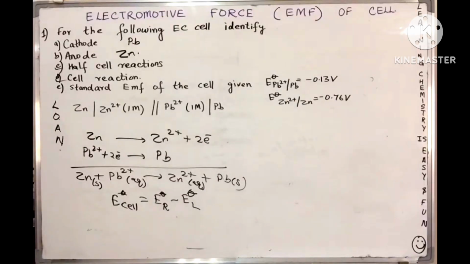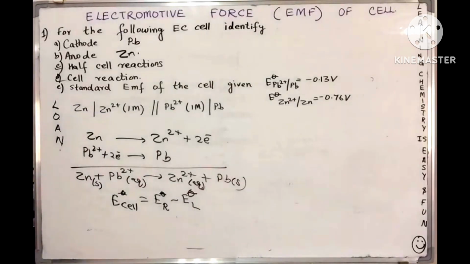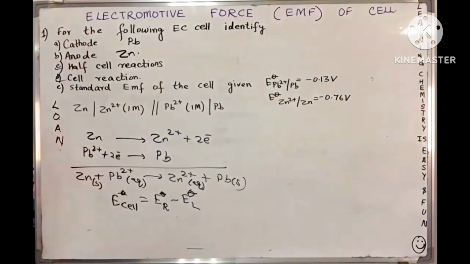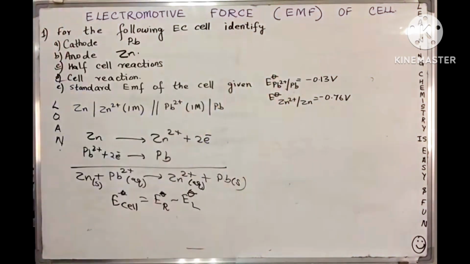Yes, it's the standard reduction potential. The potentials provided to you over here, are they reduction potentials or oxidation potentials? Perfect, they are reduction potentials. How do you know that they are reduction potentials? Yes, because they are showing reduction over here: Pb2+ gaining 2 electrons turning to lead, negative 0.13 volt.